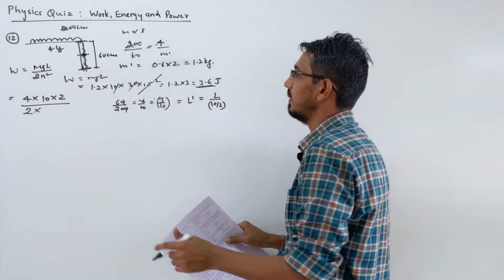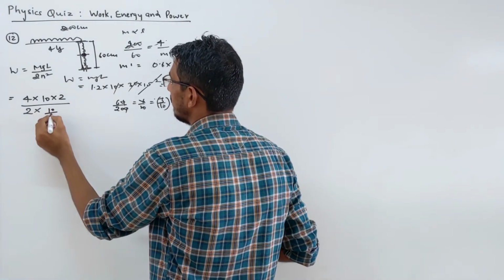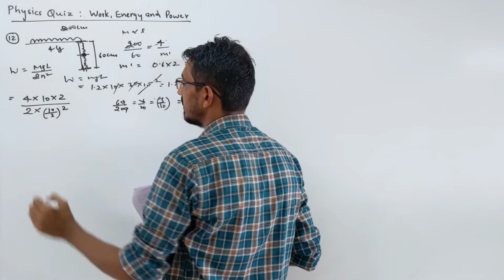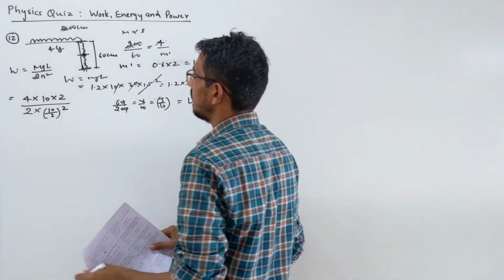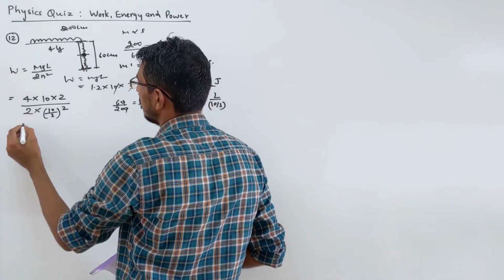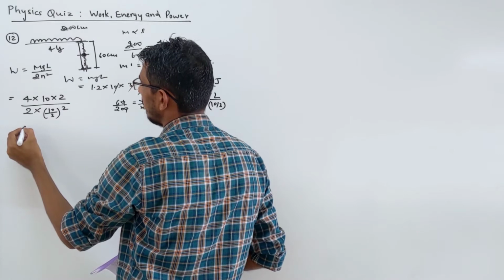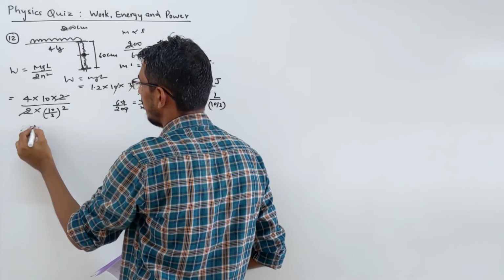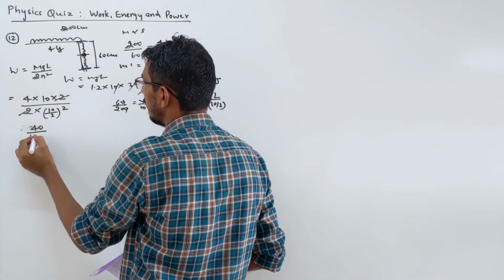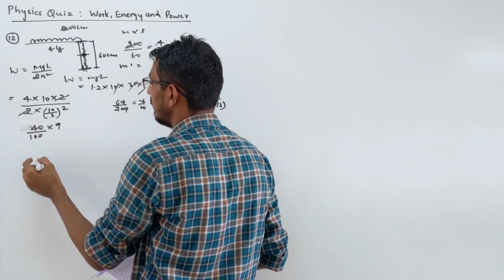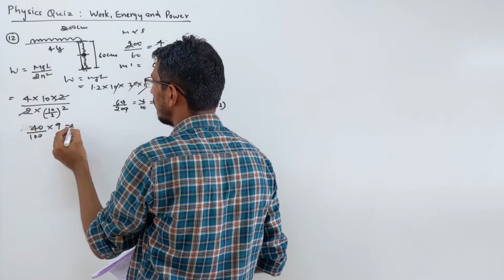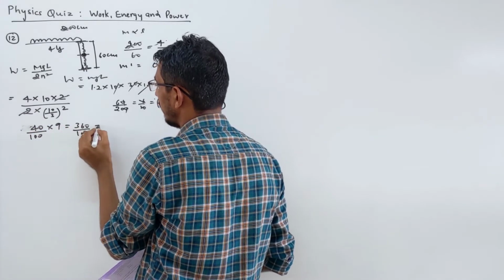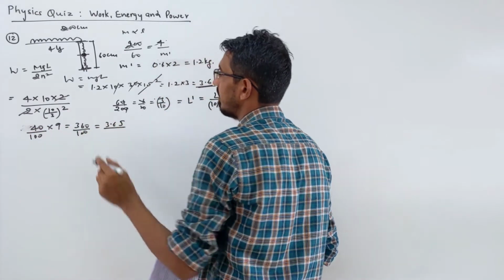So 10 by 3, and the square of this number. If you do this, we get 4 into 2 cancels, we get 40 on top and 100 at the bottom, and this 9 goes up. So this becomes 36 by 100, and the answer becomes 3.6 joule, the same answer we are getting.